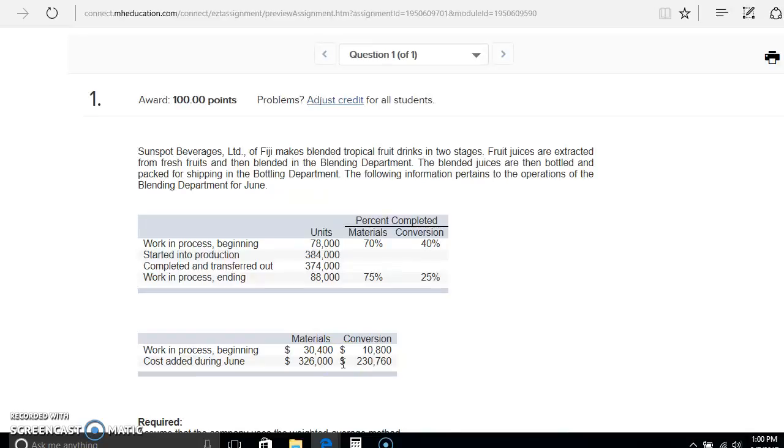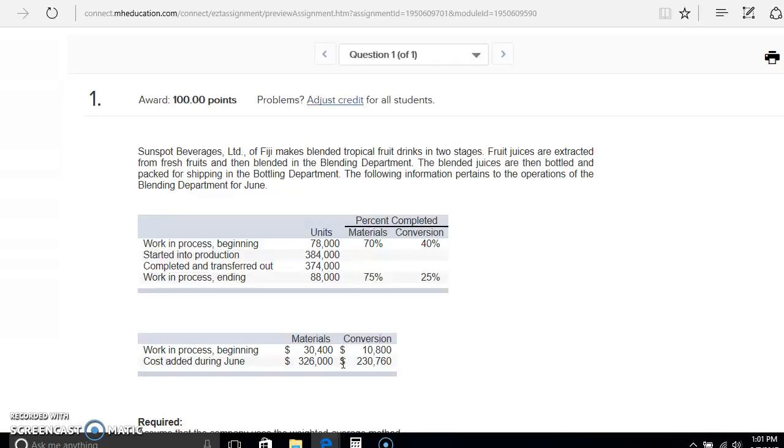So if you think about it, for materials, you started June 1st with $30,400 in materials in your department, I think the blending department. Throughout the month, you added an additional 326,000. So for that, we have 356,400. So that's our total cost.